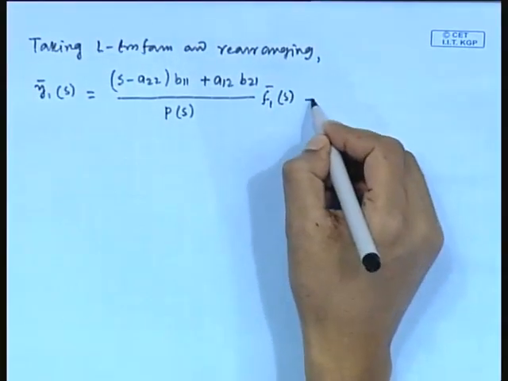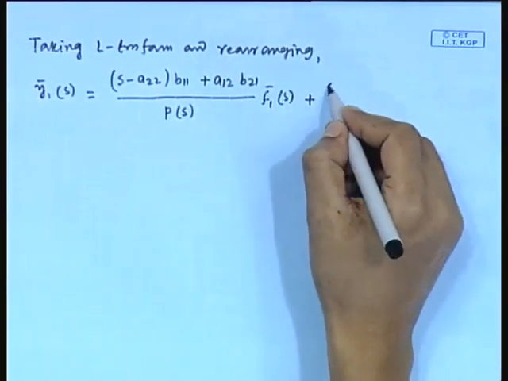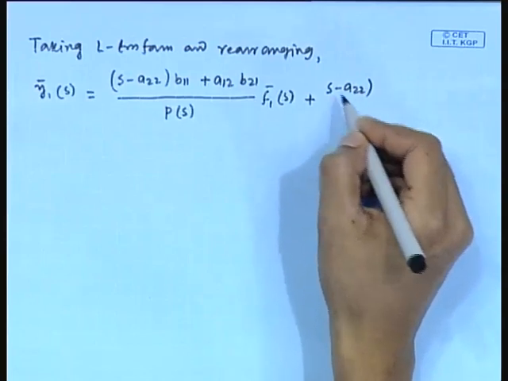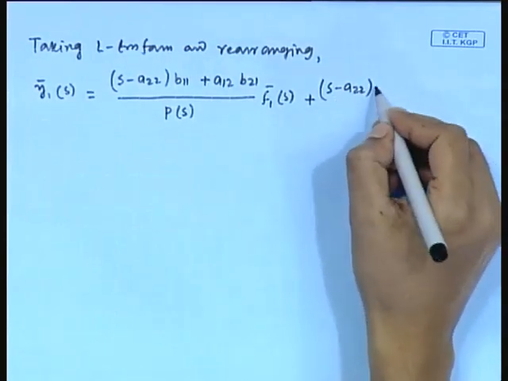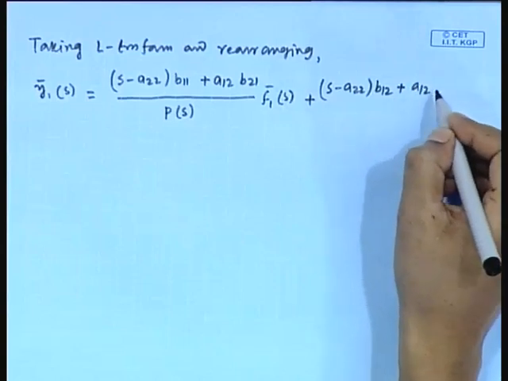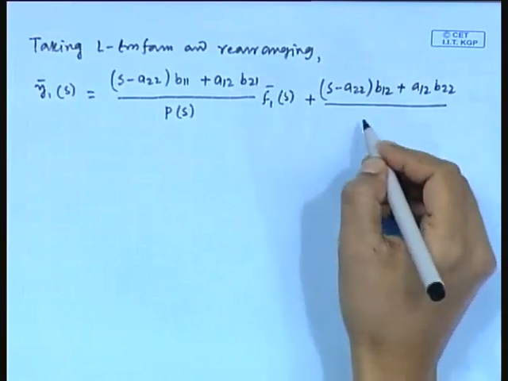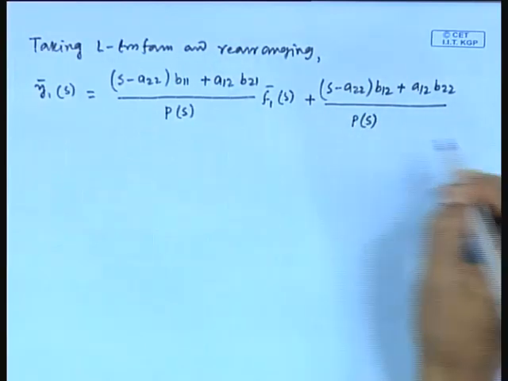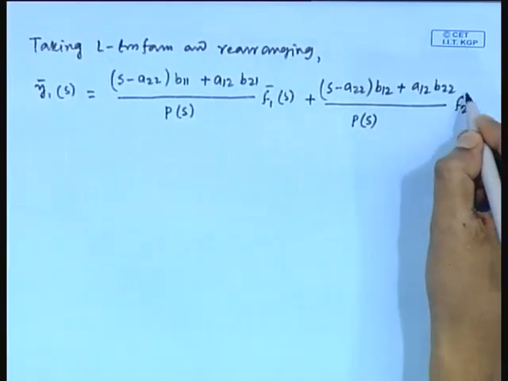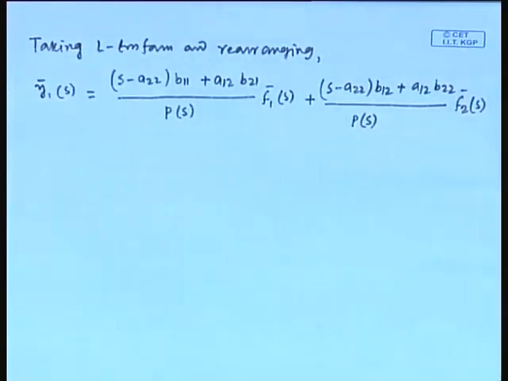So, this is the first right hand term, and another term related to F2, that is (s minus a22) b12 plus a12 b22, divided by P(s), multiplied by F2 bar s. This is the final expression for y1.